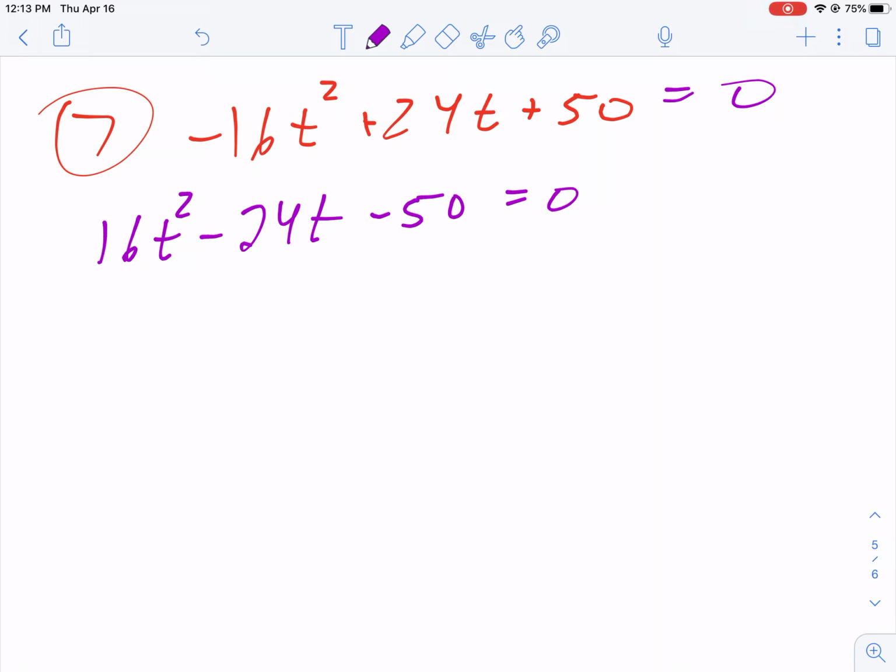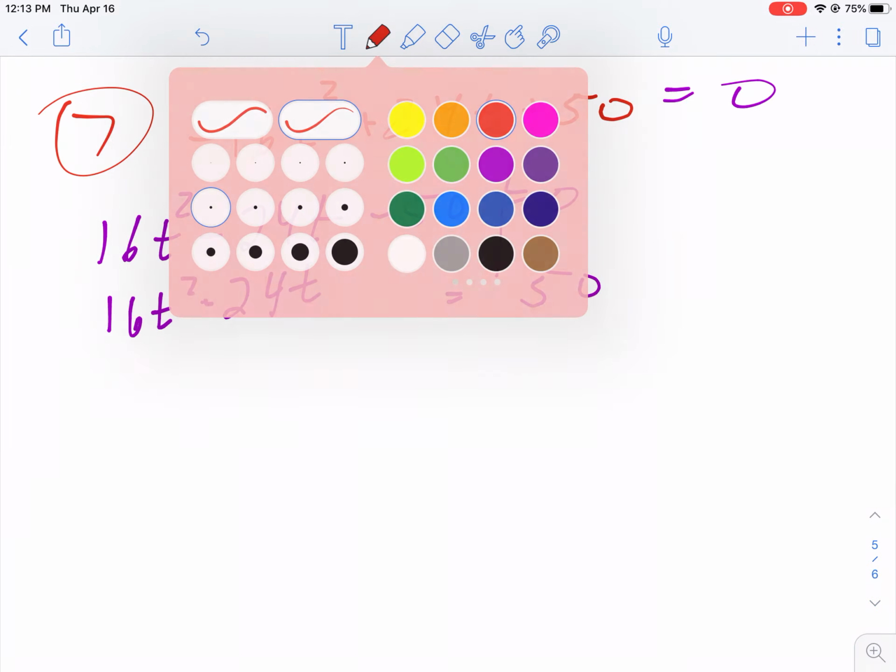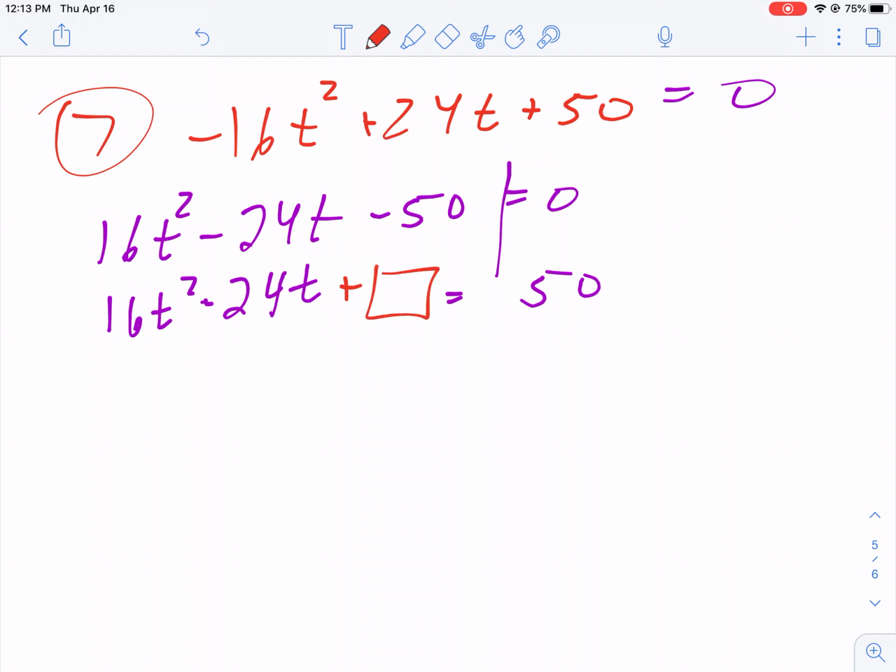If we're going to solve this by completing the square, we have to get the 50 on the other side. So it'll be 16t squared minus 24t equals 50.